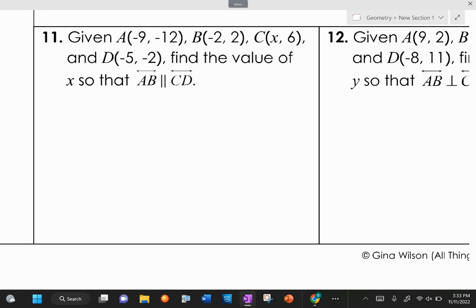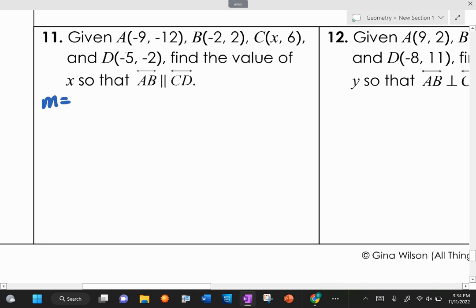Which point is that? C, right, X, the variable in there. So we don't know the X value of point C, but we do know AB. We know that we have a line AB that's parallel to line CD. So we know what about their slopes, that they need to be the same, right? So first things first, you need to find the slope of AB.